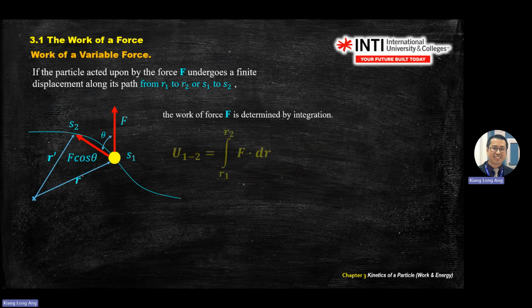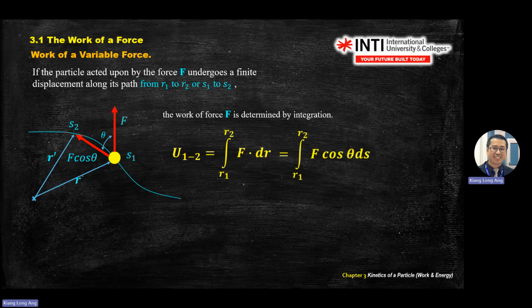Okay. So if you want to calculate a particle traveling on a path, on a curve, what do you do? You do integration. Work from position 1 to 2 equals the integration from position 1 to position 2 of F dot dr. This is for curved motion, so you use dr. Basically dr is the distance traveled.